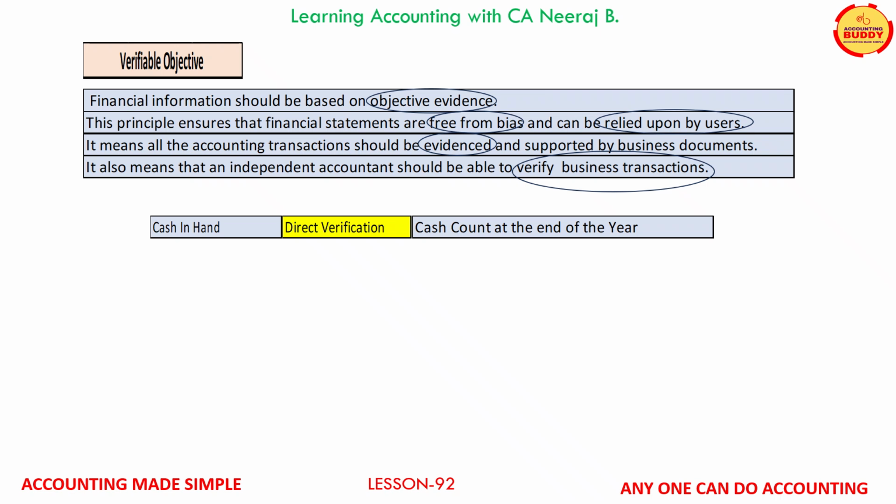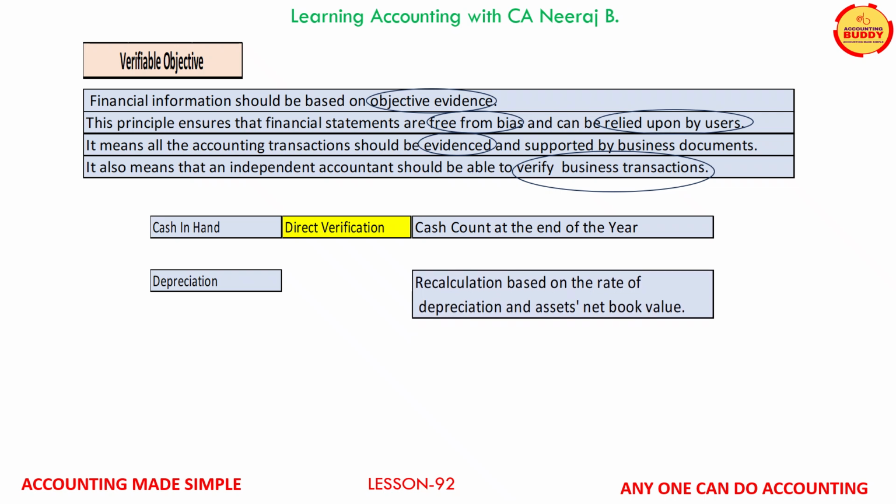This is called direct verification. Similarly, the amount of depreciation can be verified by recalculating the depreciation basis the method of depreciation adopted by the business. This is an example of indirect verification.